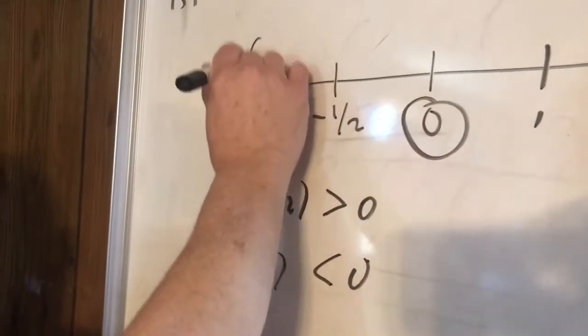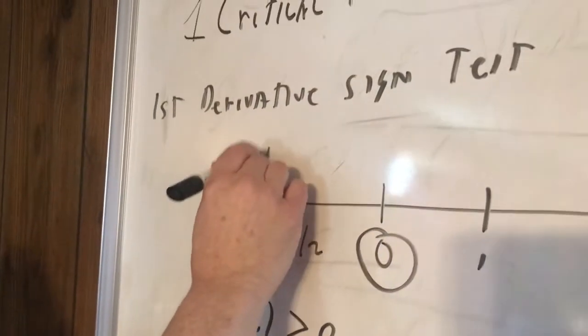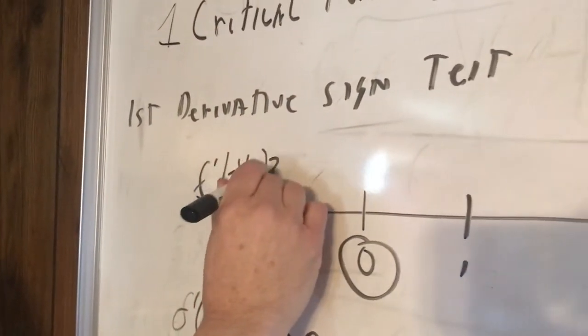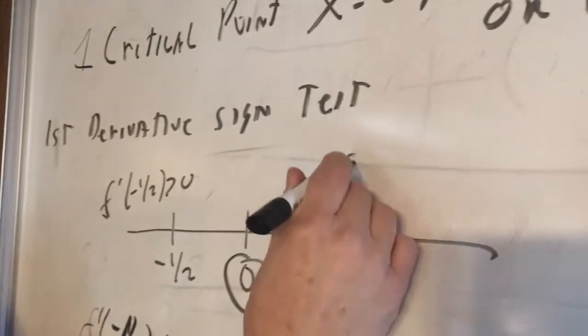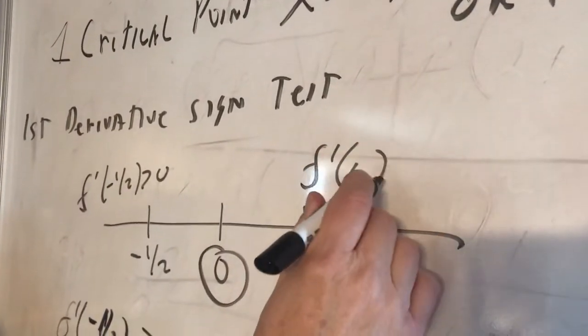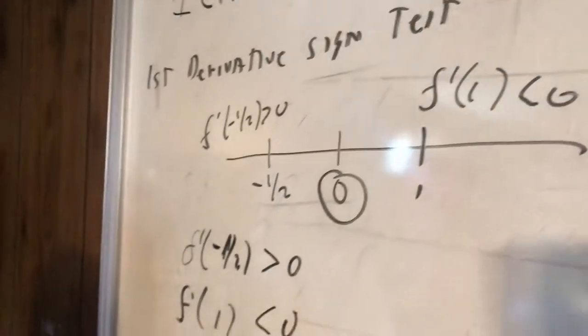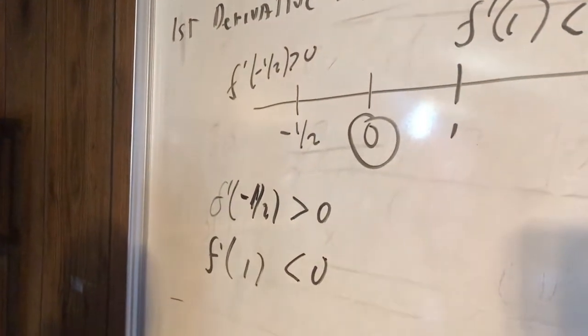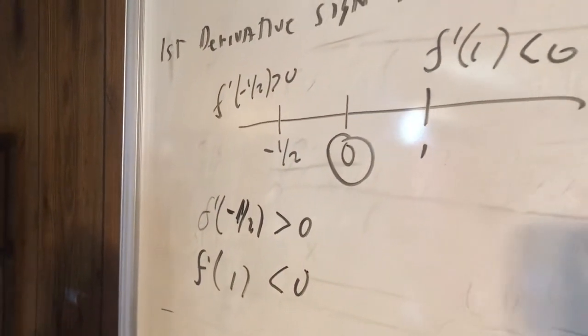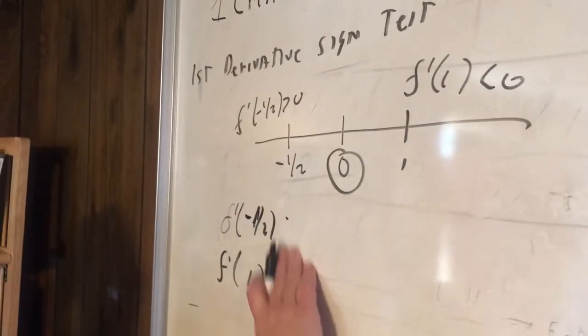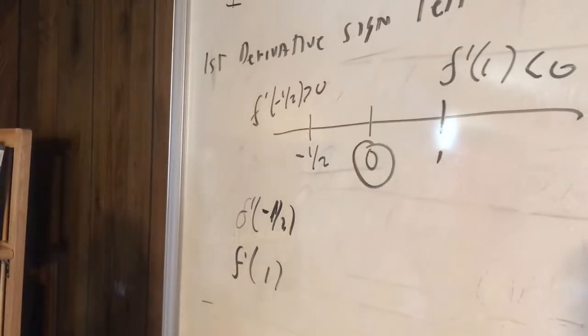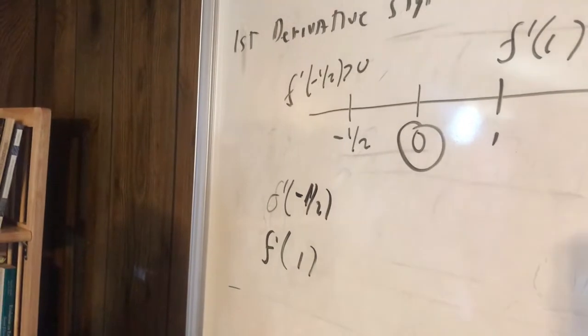So we have f prime here, minus 1/2, is greater than 0, and f prime here, 1, is less than 0. So if this is, I'm sorry, I think I mixed it up. Yes, okay, my apologies, I did it reverse on here.